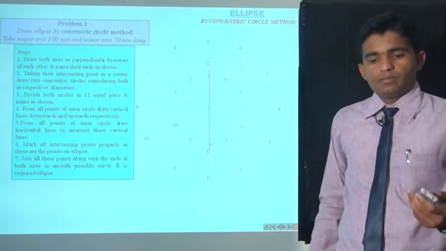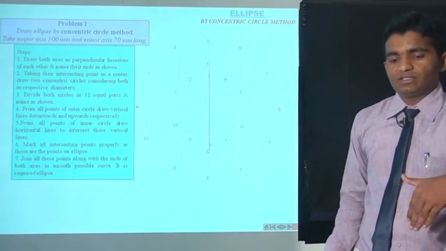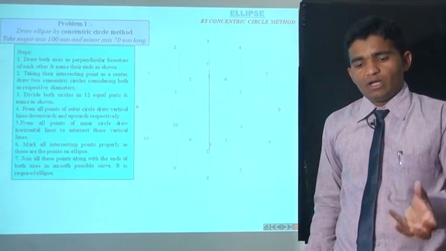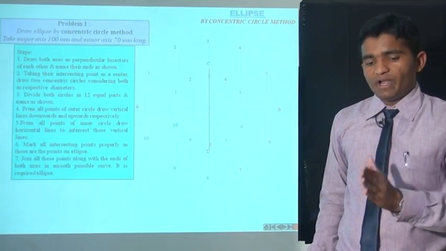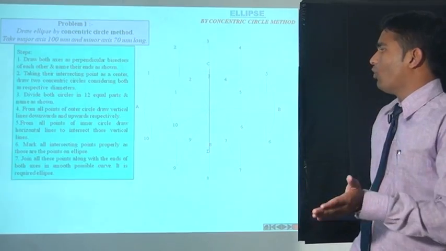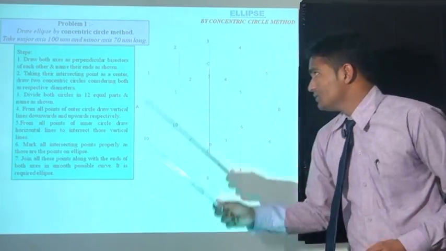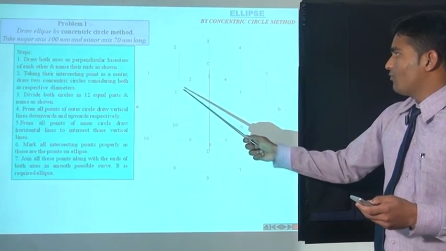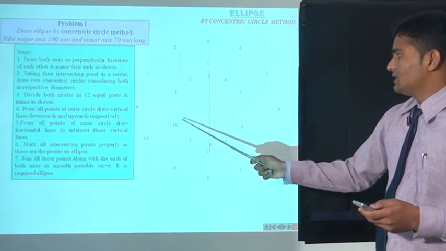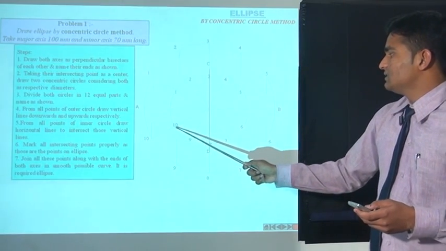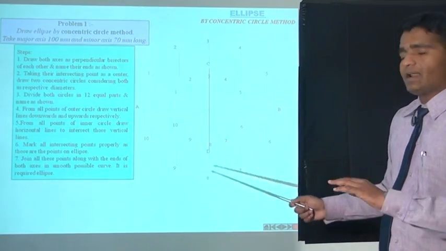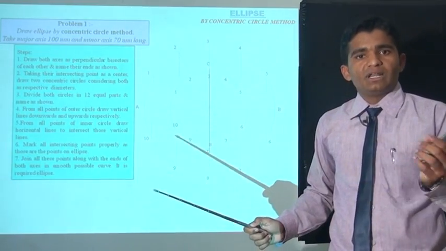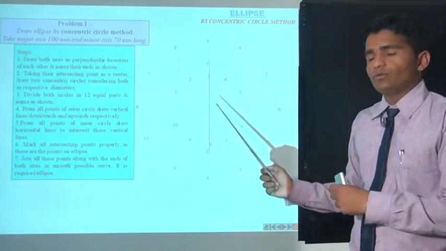And then do the same as the outer circle on the inner circle. So for the points which are on the left side of the line CD, draw the horizontal line from right to left. So 1, 2, 3 and 8, 9 and 10 are on the left side of the line CD, so draw the horizontal line from right to left.